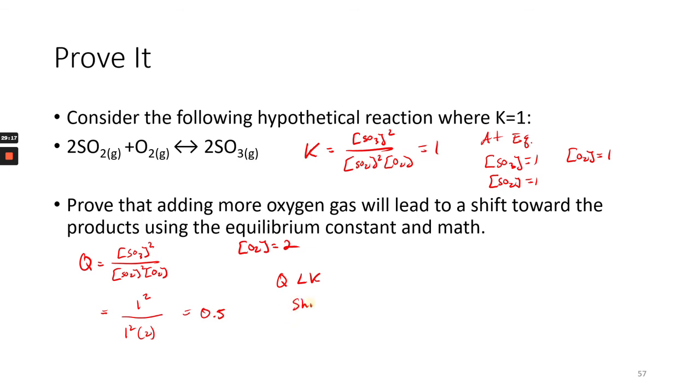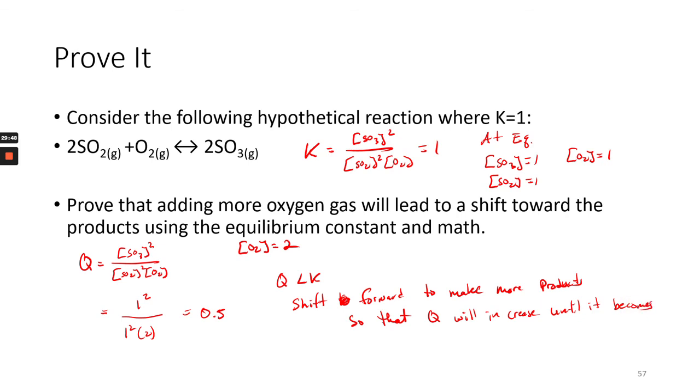I need to shift forward to make more products so that Q will increase until it becomes equal to K. Now let's look at it this way.